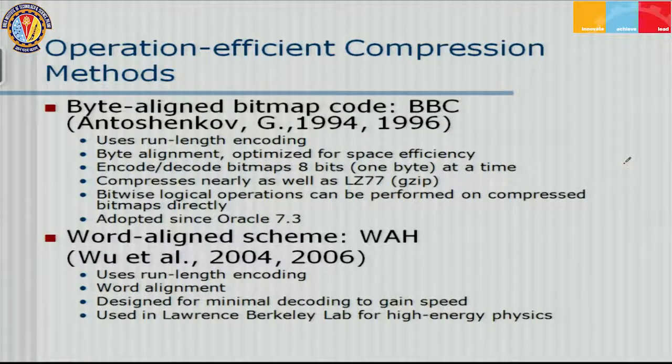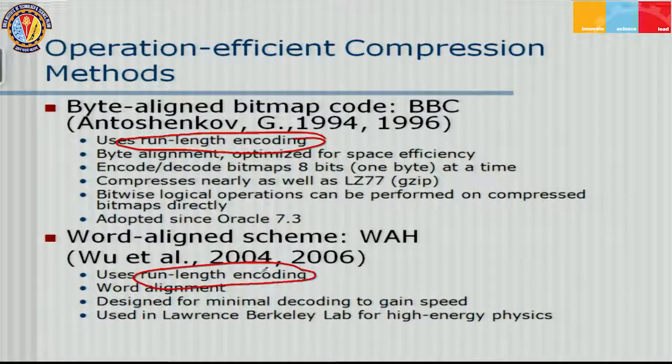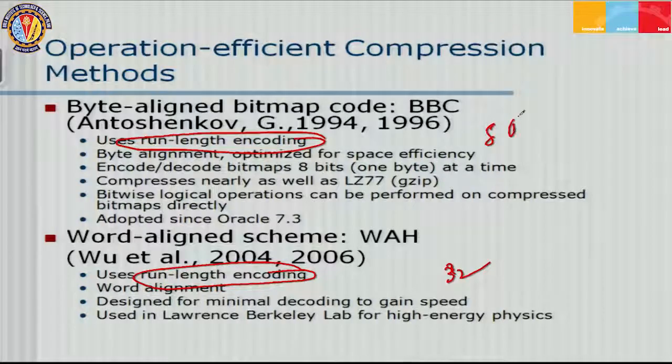And the important part here is that both of them use run length encoding. The main difference between these two is that, as the name suggests, one is byte aligned and the other is word aligned, which is like 32 bits, and this is 8 bits. So this is the major difference. And they are adopted in real systems.